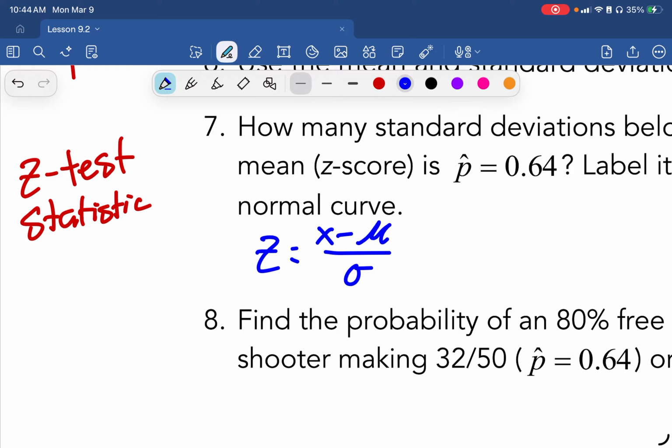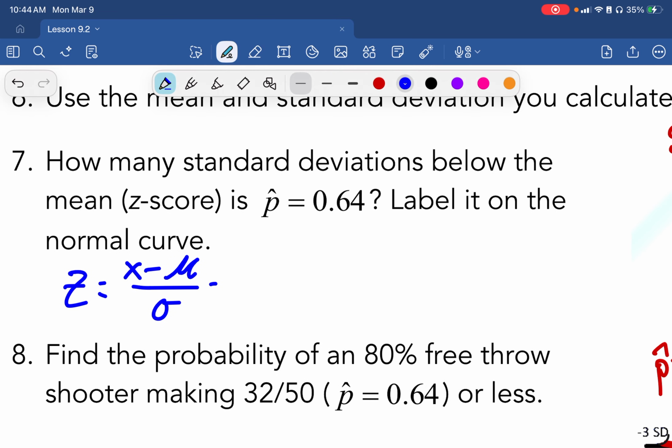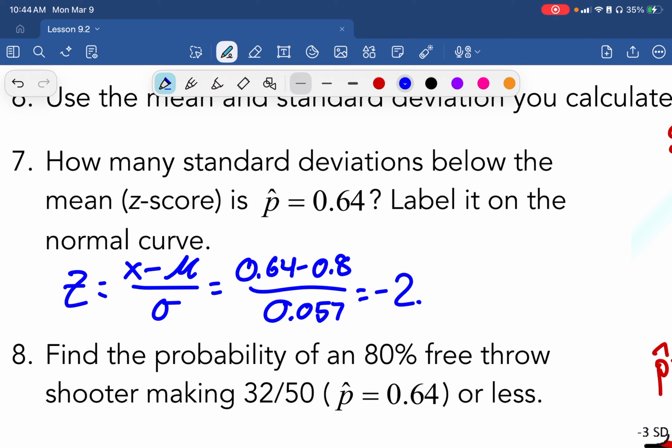X being the value we're given, and then mean and standard deviation. We already know those. For us, plugging in these numbers would give us a z-score of negative 2.81. So we're between 2 and 3 standard deviations below the mean. And specifically, it's 2.81 standard deviations.